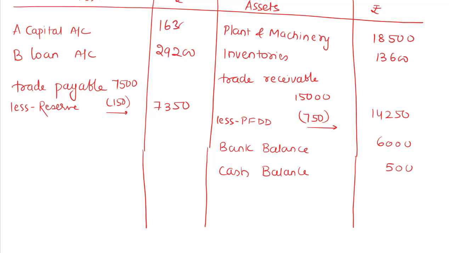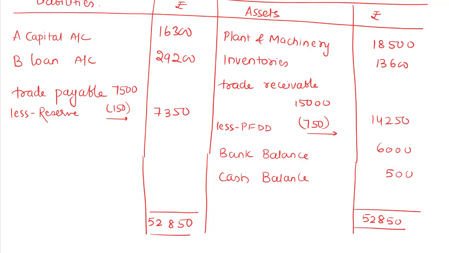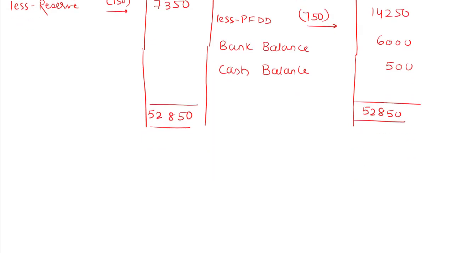A's capital is 16,300. Balance sheet totaled at 52,850. Let us move ahead.